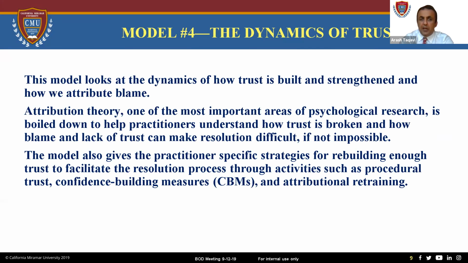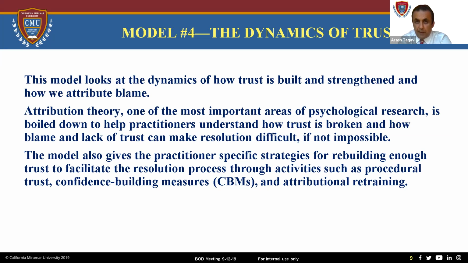This model looks at the dynamic of how trust is built and strengthened, and how we attribute blame, self-blaming and other-blaming. Attribution theory, one of the most important areas of psychological research, is boiled down to help practitioners understand how trust is broken and how blame and lack of trust can make resolution difficult, if not impossible.